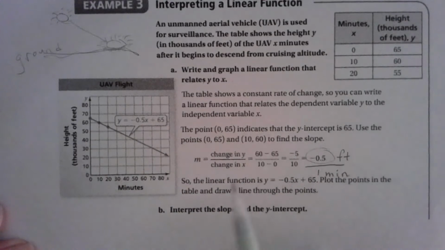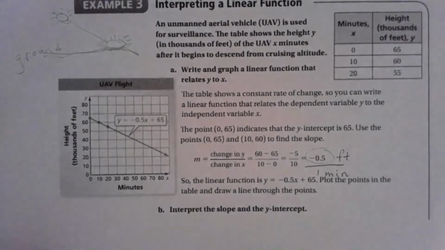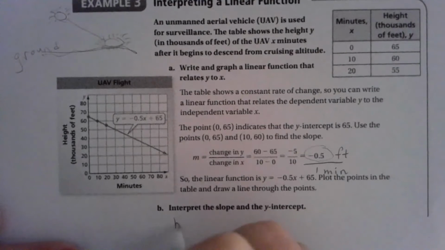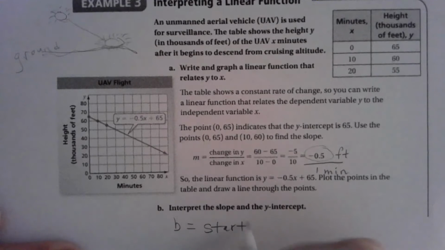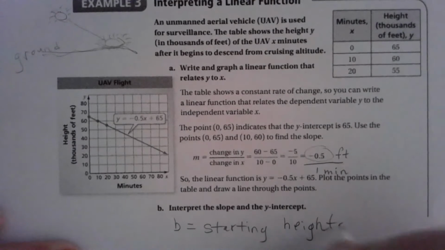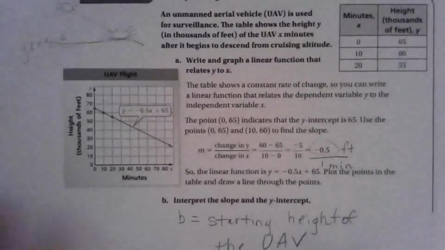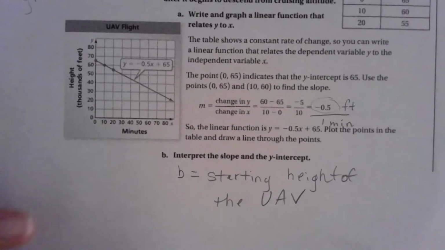Okay, so plot the points in the table and draw a line through the points. That's nice. Okay, it says interpret the slope and the y-intercept. Kind of just talking out loud, we've already done that. So b equals the starting height of the UAV. I'm going to say it's a drone.